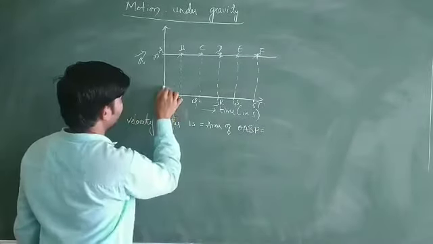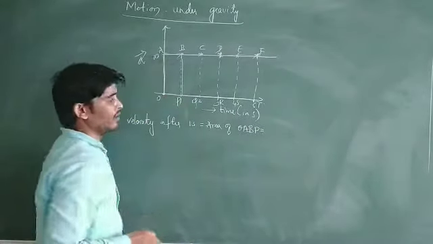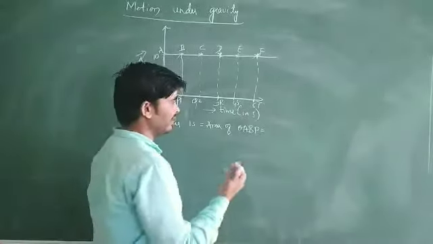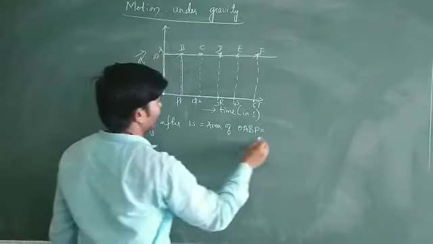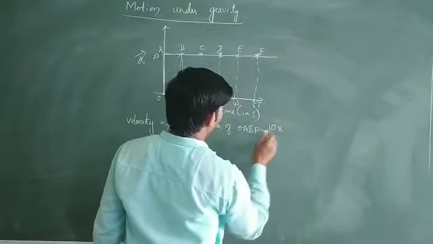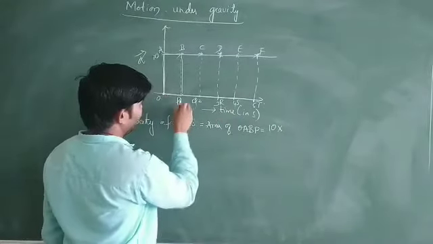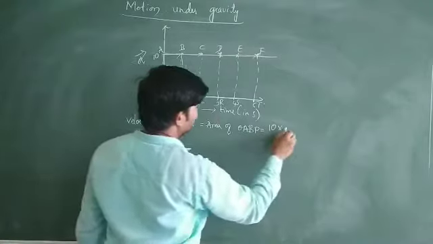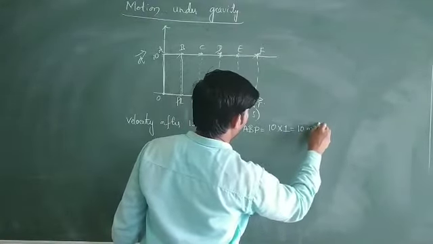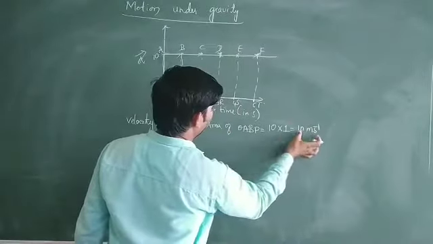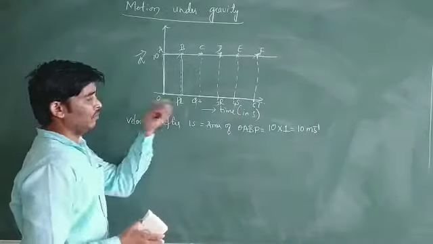What is this shape? This is a rectangle. What is the area of a rectangle? Length into breadth. What is the length here? That is 10. What is the breadth, the time period here? That is 1. So 10 into 1 is 10 meter per second. This is the velocity of the body after 1 second.